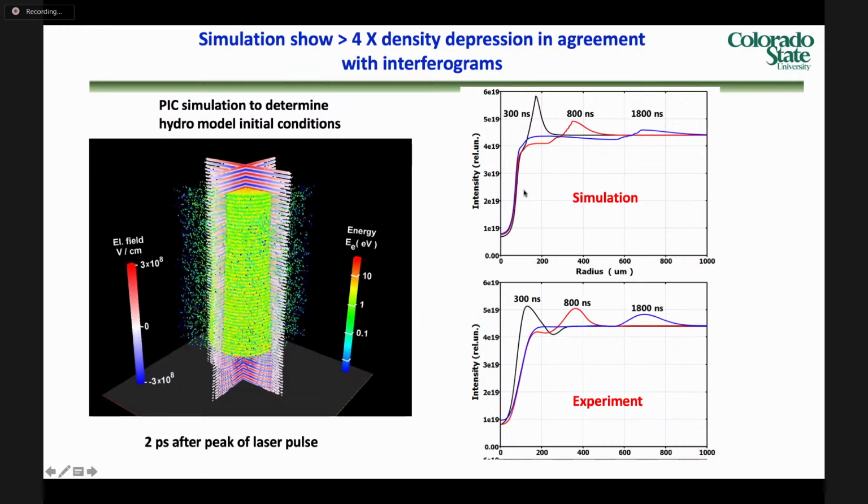He ran simulations in which he computed the density profile in the channel. This is a radial plot, so this is half the channel, symmetric with respect to this axis, as a function of time. This is the simulation, and this is the experiment. You see a fairly good agreement: the simulations predict a density depression of around 70-80%, which is in good agreement with what one would expect from the measured reduction of breakdown voltage.